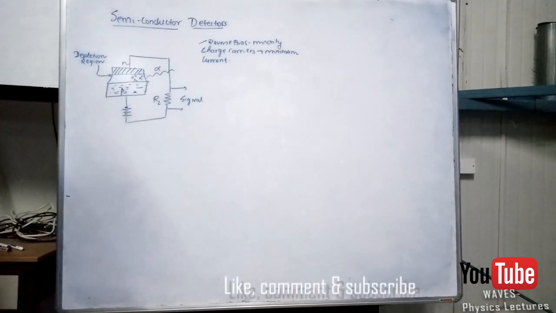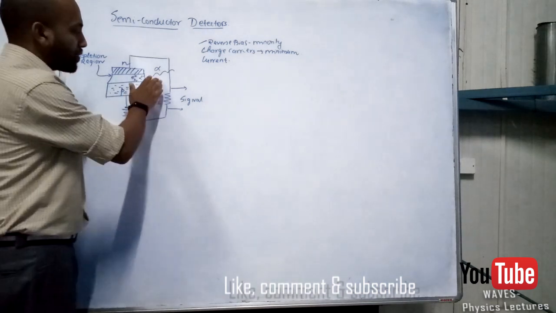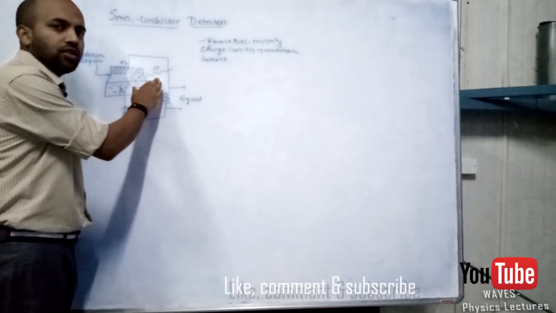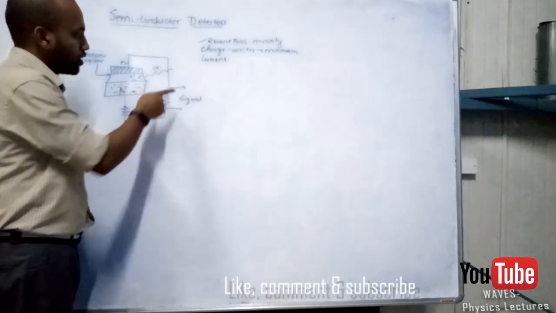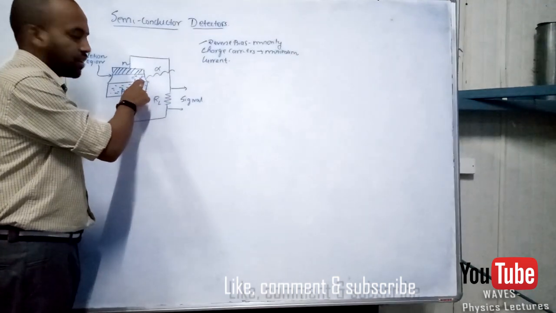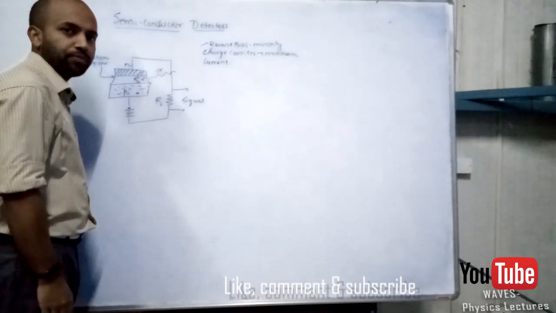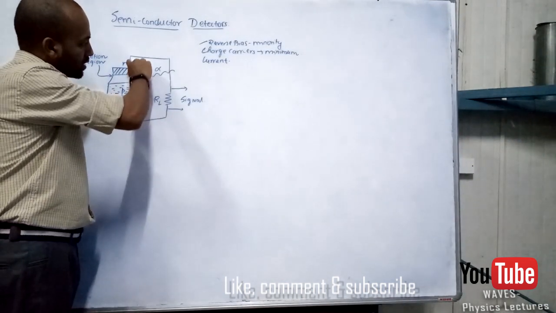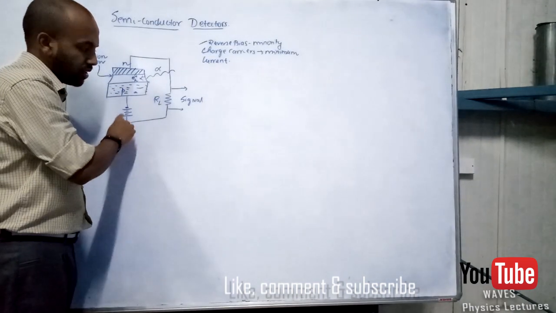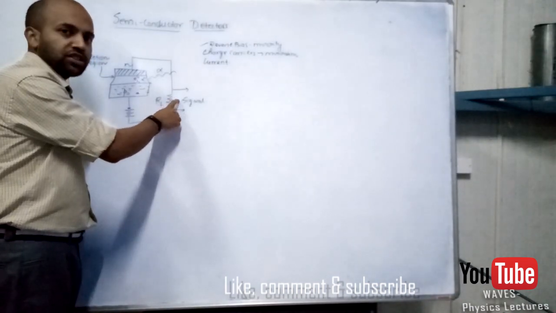Next, I have the alpha radiation or gamma rays. Mostly it's alpha and gamma, most of the time. The radiation comes and hits here, and it forms an electron and hole pair. So now we have electrons and holes there. This is going to flow across, and this is going to change the signal.